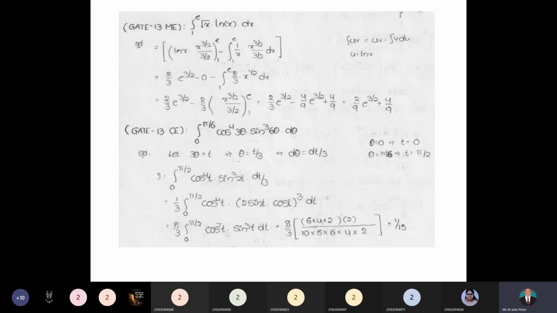Okay, that's what you will get. You can do it directly, but here they have used the uv minus integral vu form. In the third step you can see, second part 2 by 3 into x power 3 by 2, 3 by 2 plus 1 divided by 3 by 2.